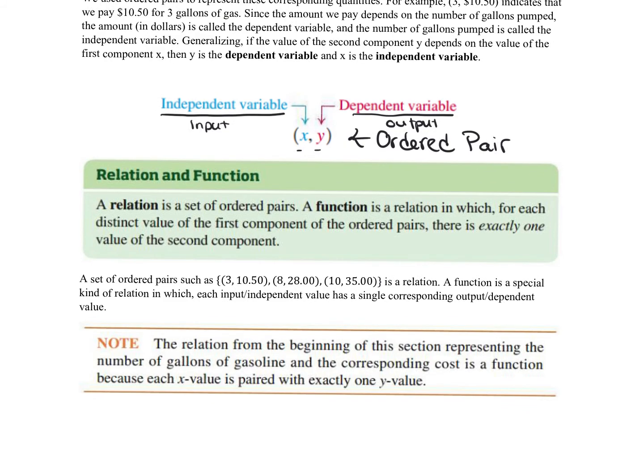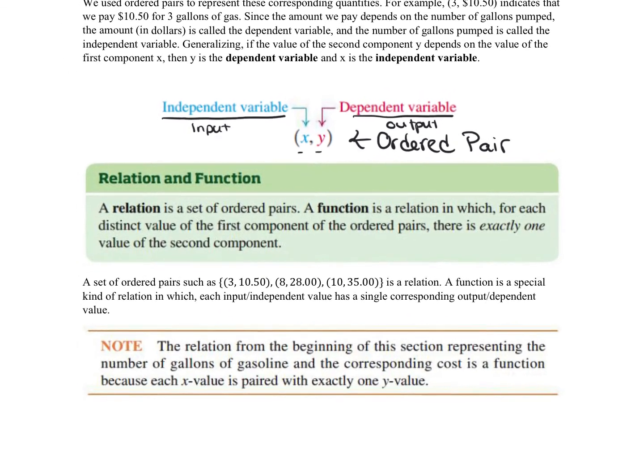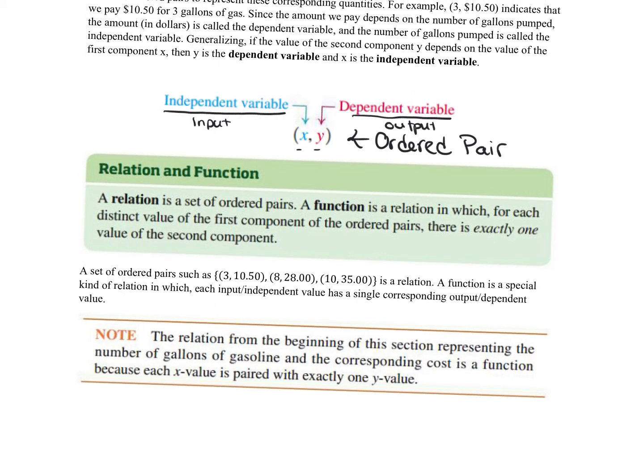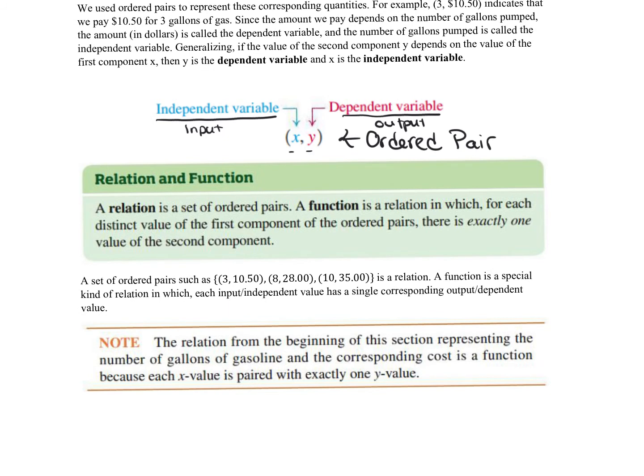So anytime two things are related to each other, no matter how they're related, they are a relation in mathematics. Even like my 12th cousin down my family line is still related to me in some fashion. So most everything in math is a relation, but not every relation is a function. Being a function is a very special category.